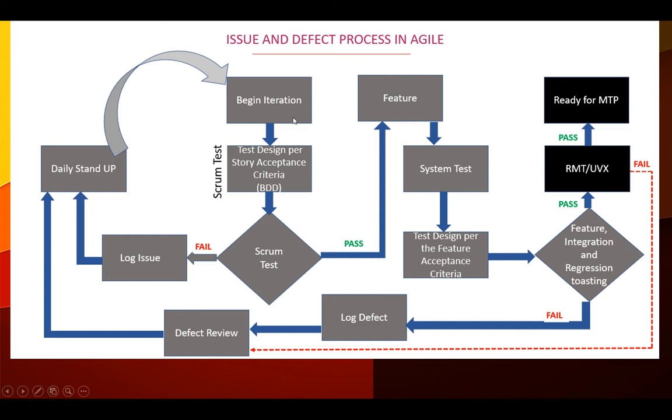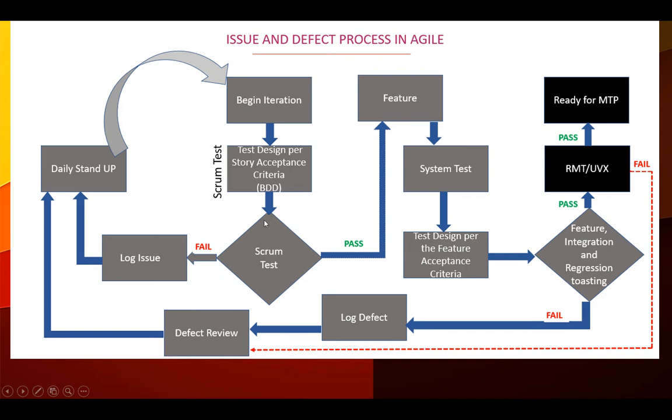Okay, so once the iteration begins, the test cases will be designed as per BDD. When the story is ready, Scrum testing will be done, and it will be moved to the Scrum test column.